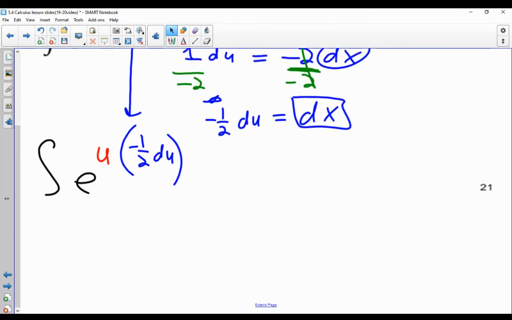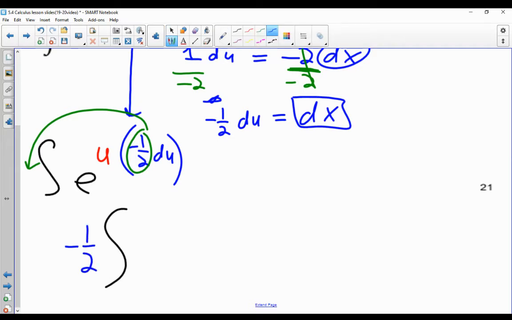And of course, if you don't want to deal with the negative 1/2 right now, you can go ahead and take it and move it to the front. So we'll have the integral of negative 1/2, and then inside the integral, you'll have e to the u du. And then from there, derive away.